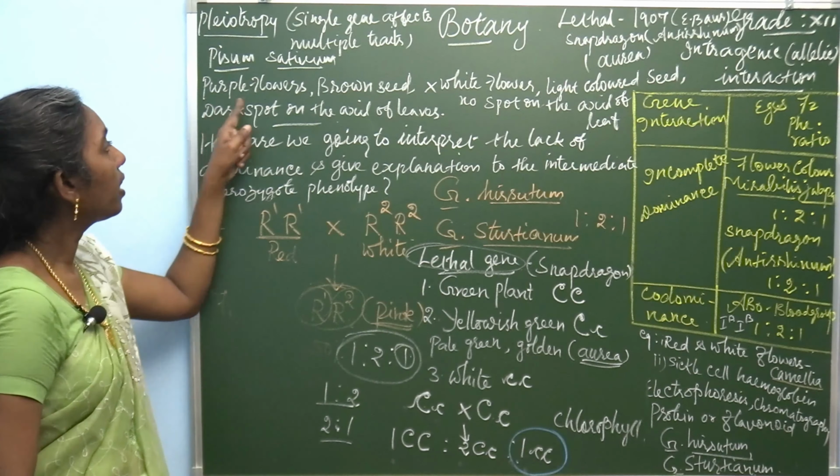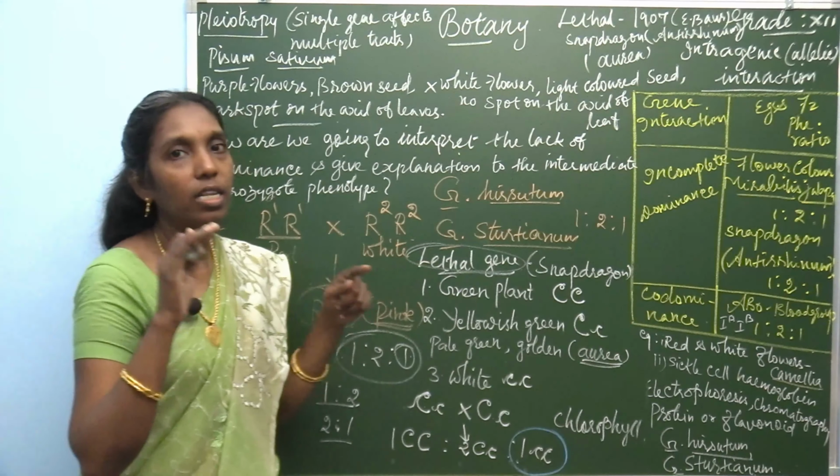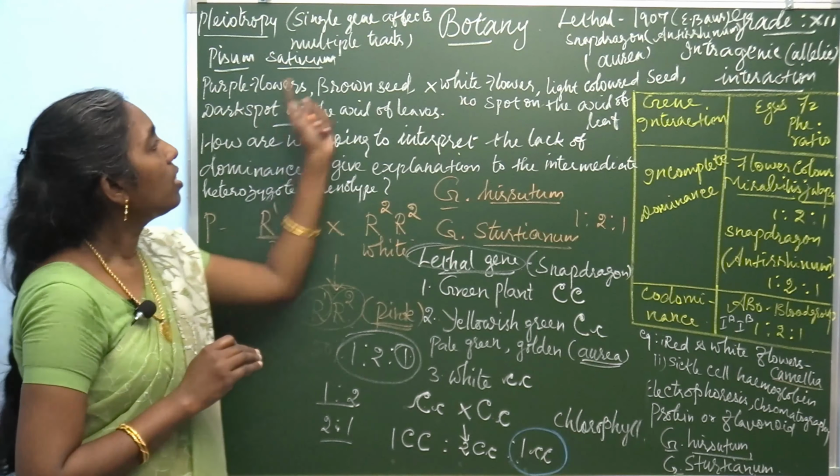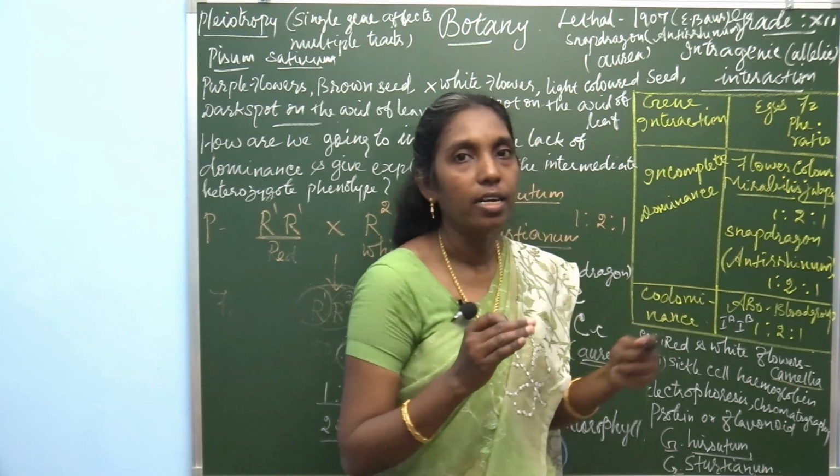These three different traits together are crossed with white flower, light colored seed and no spot on the axil of the leaf. So, these all are expressed together. A single gene which affects multiple traits, this character is called pleiotropy. So, these all come under intragenic or allelic interaction.